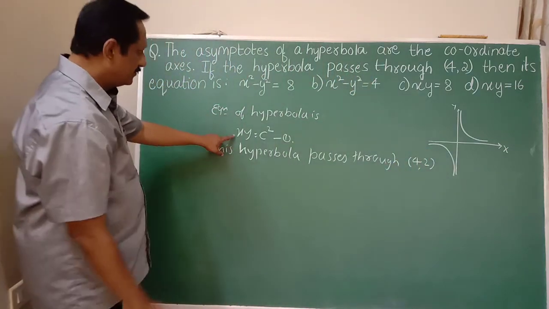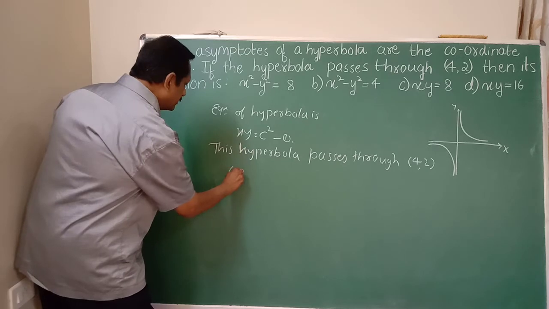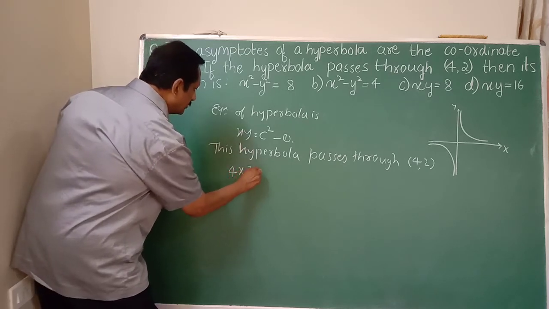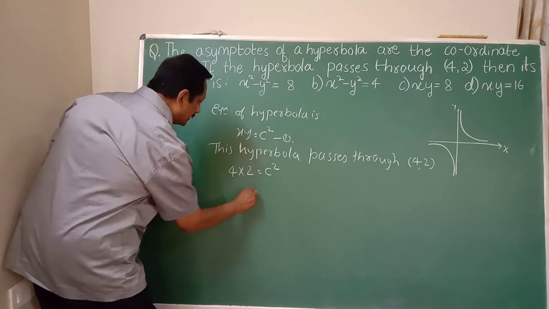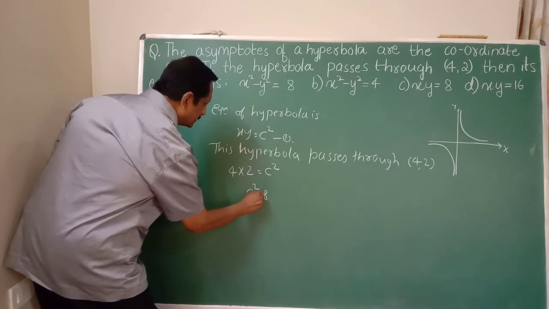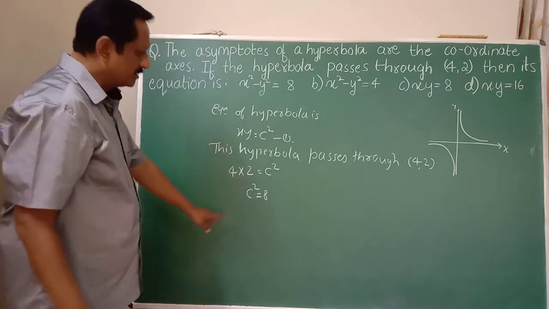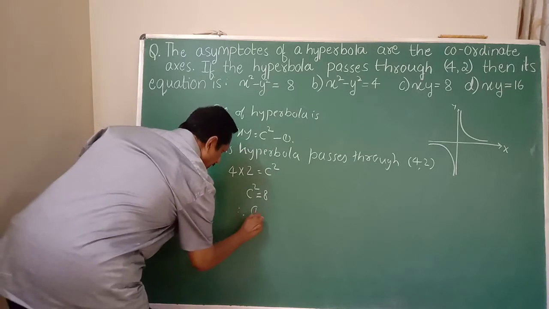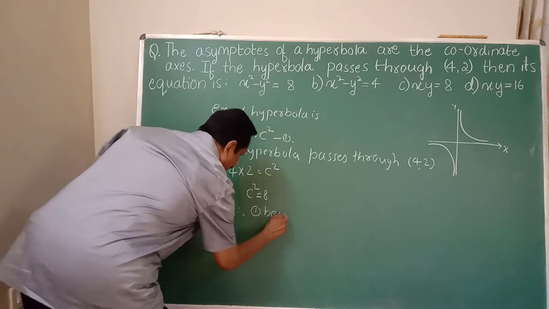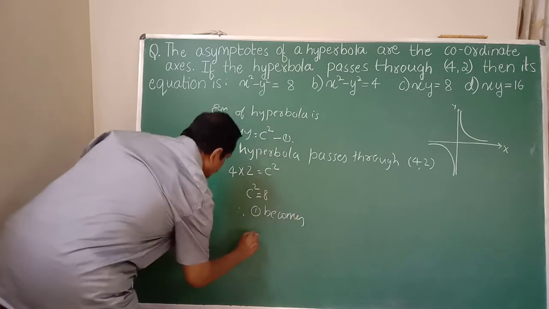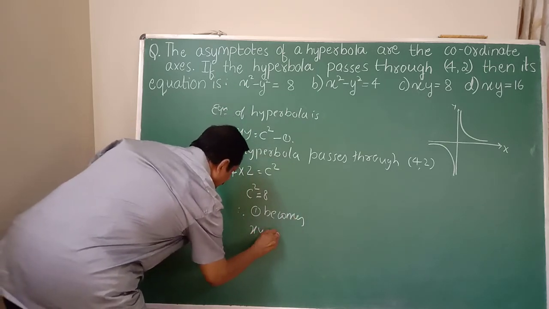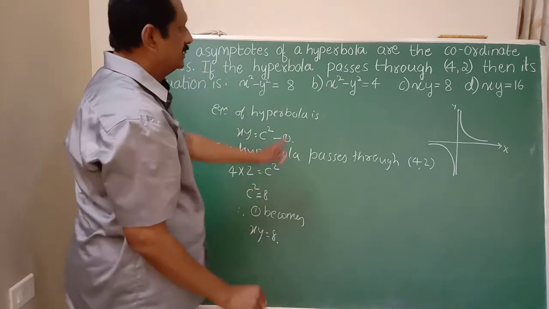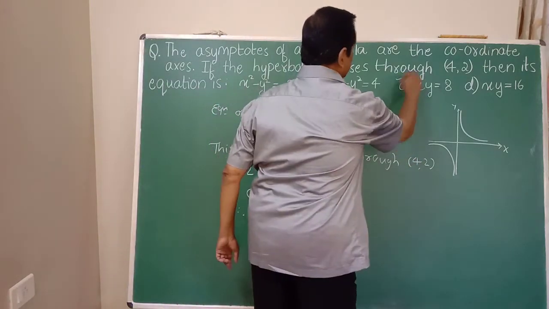Therefore, put x value 4 and y value 2, so 4 into 2 is equal to c squared. Hence c squared is equal to 8. Use c squared equal to 8 in equation 1, so equation 1 becomes xy = 8. Therefore the answer is C.